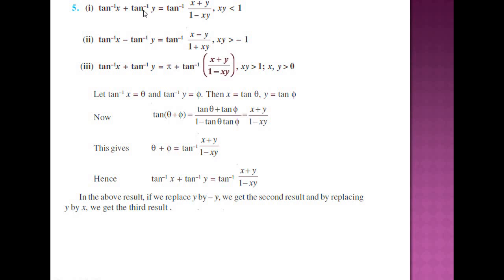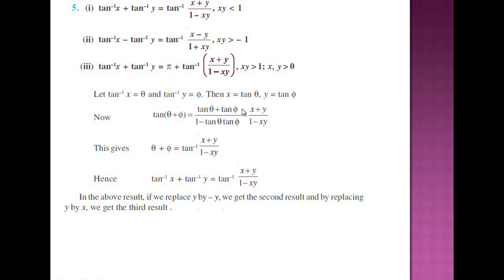So to prove the very first one, let tan inverse of x equal theta, and tan inverse of y I am taking as phi. So x equals tan theta, y equals tan phi. So you know the very famous property that you did in your 11th standard, tan of a plus b. So here it is tan of theta plus phi. So it is tan theta plus tan phi upon 1 minus tan theta tan phi. So replace. What is your tan theta? Your tan theta is nothing but x. What is your tan phi? It is nothing but your y.